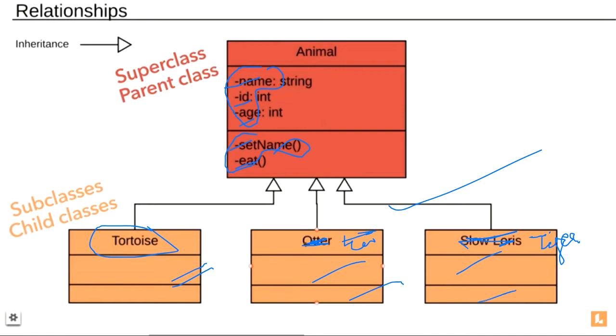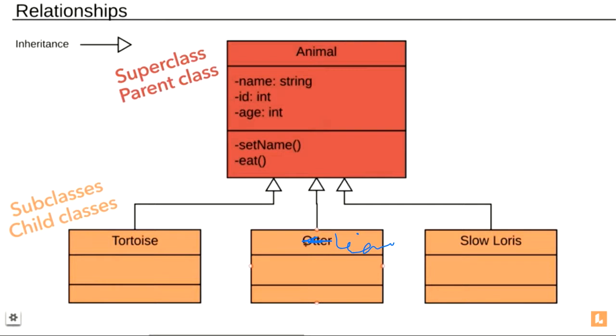For example, this lion child class, without doing anything, with just this single arrow, knows that there is an attribute known as name, an attribute known as ID, an attribute known as age, and a function known as set name. ये सारी powers हैं lion के पास. Apart from that, it can have some of its own unique features. For example, it can have date of birth as a separate attribute.